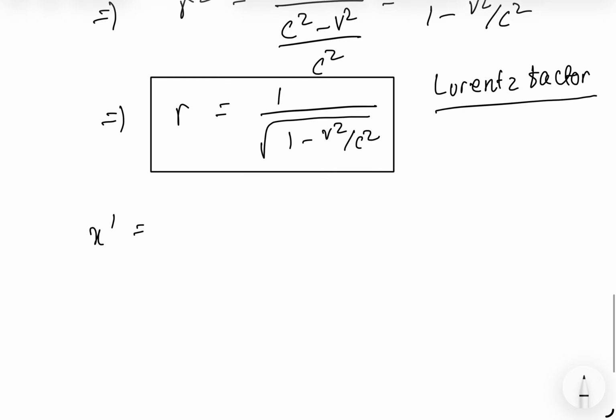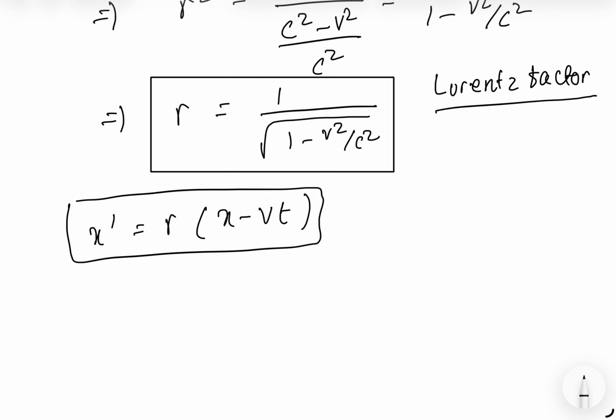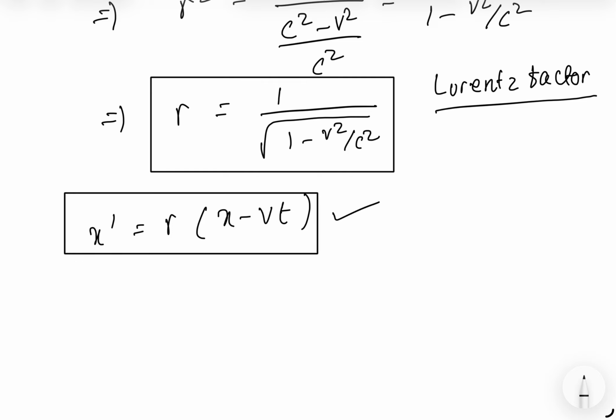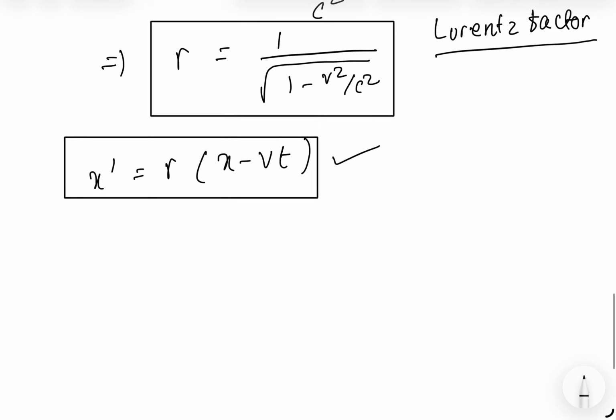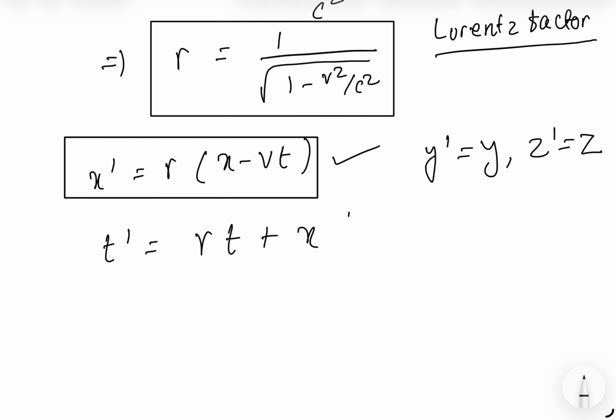So x dash equals gamma times (x minus vt). You have the gamma value, so this is our first transformation. Similarly, your y dash remains y, z dash remains z, because the motion is along the x direction, right? And your t dash will be gamma times t plus x times (1 minus gamma square) over gamma v, that we have already derived.